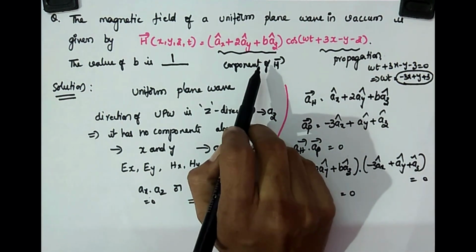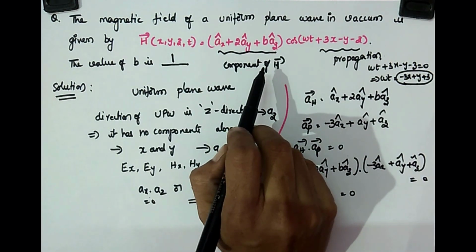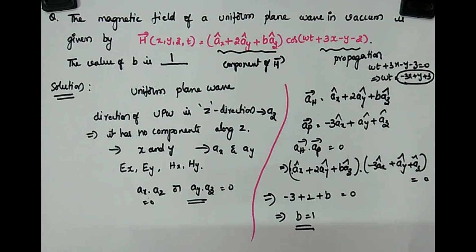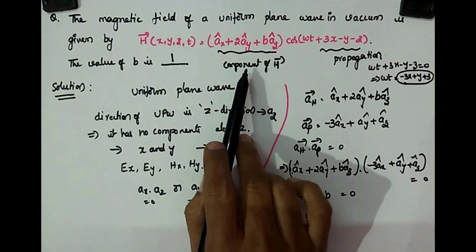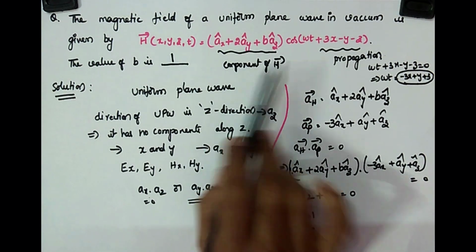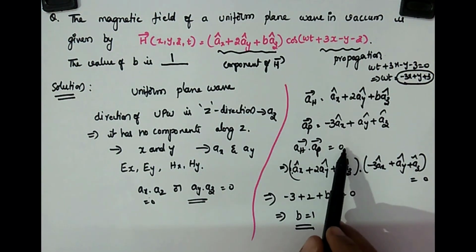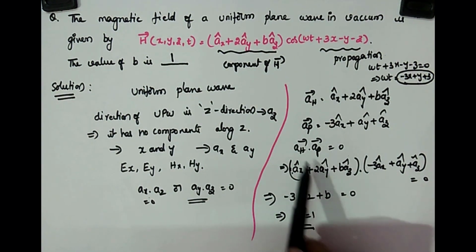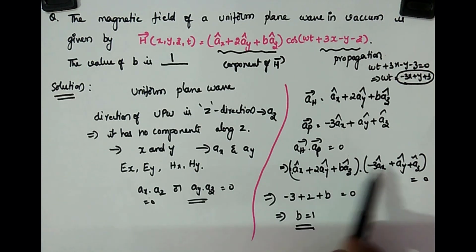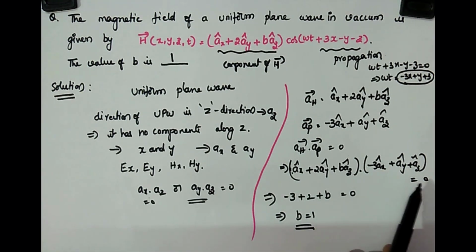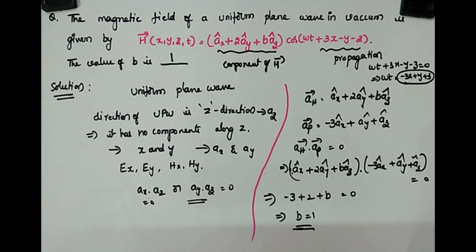As the uniform plane wave does not have components along the propagation direction, the component direction and propagation direction are orthogonal to each other. So by taking that concept, just make a dot product between the component direction and propagation direction and equate it to 0. From this we got b equal to 1.